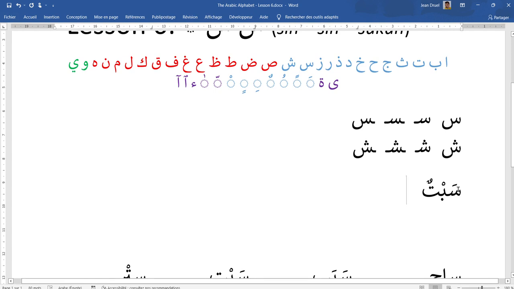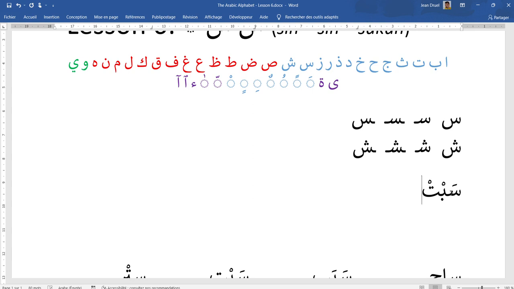So sin with the fatha, sa, ba with no vowel, b, sab, sabtun, and then my ta with the two dhammas. So it goes sabtun. So here the absence of vowel is noted with a sukūn.